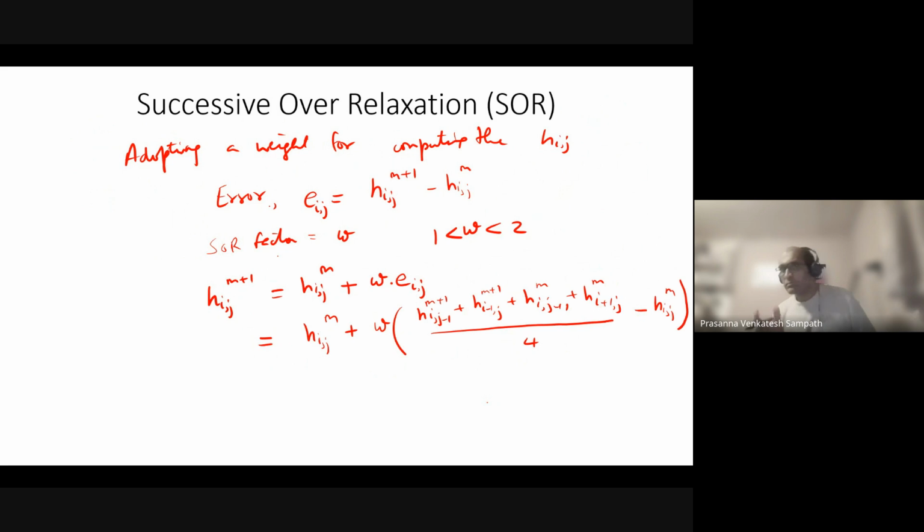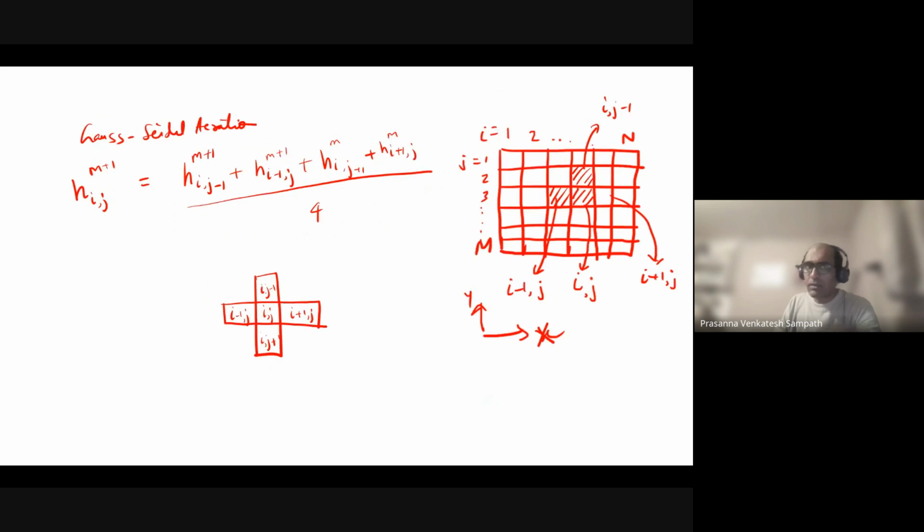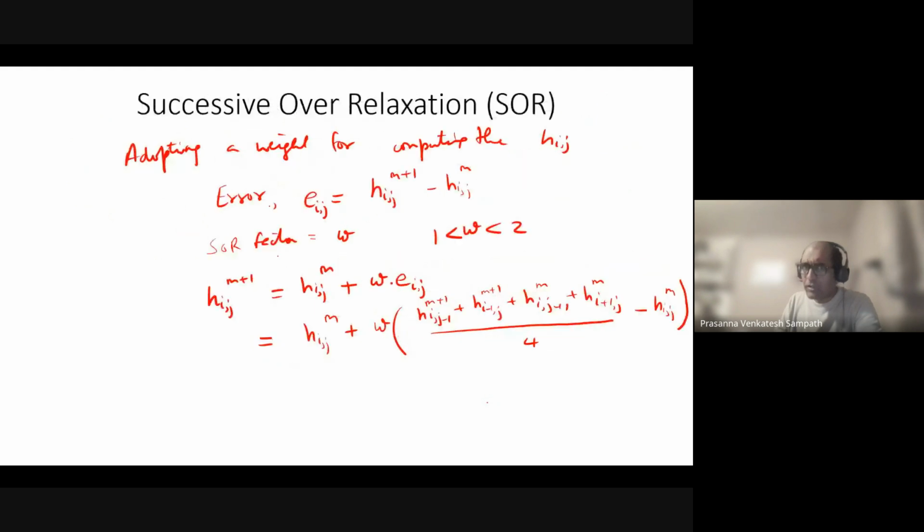So I have not done anything controversial. I have simply replaced this h i comma j at m plus 1 from the Gauss-Seidel method. The j minus 1 and i minus 1 terms are at iteration number m plus 1, and j plus 1 and i plus 1 terms are at iteration number m. The same thing, I've just repeated it over here.